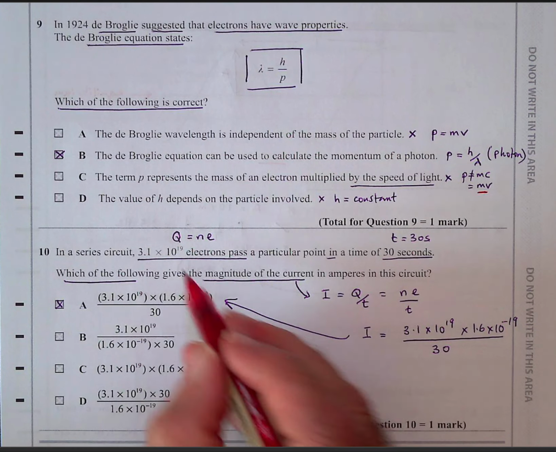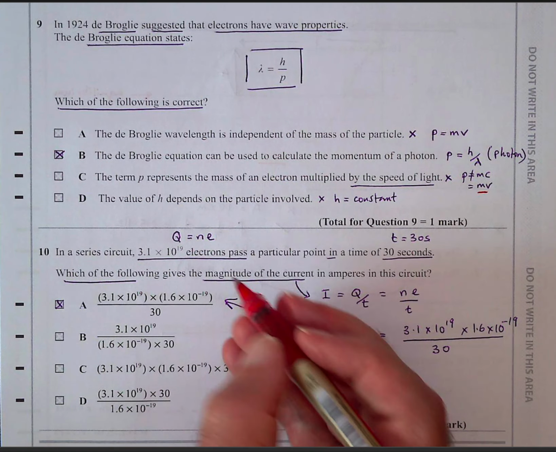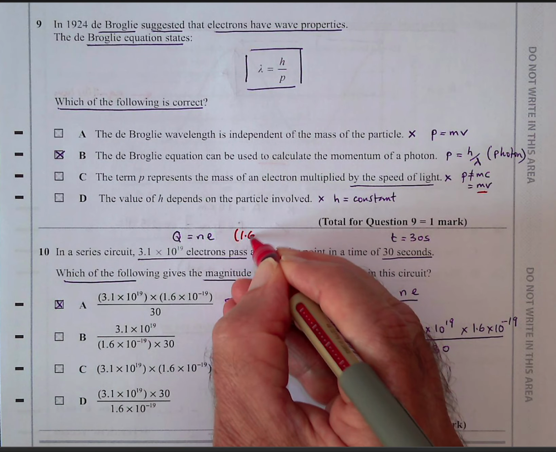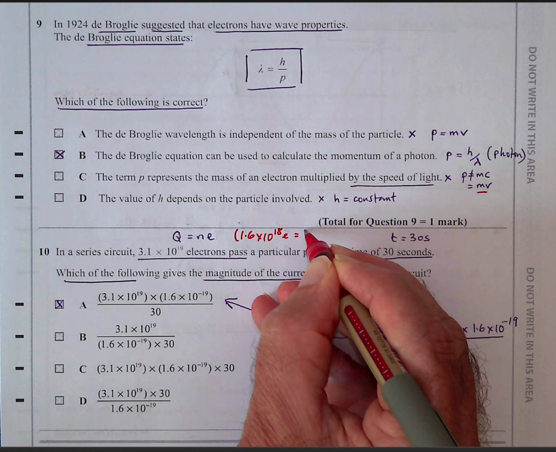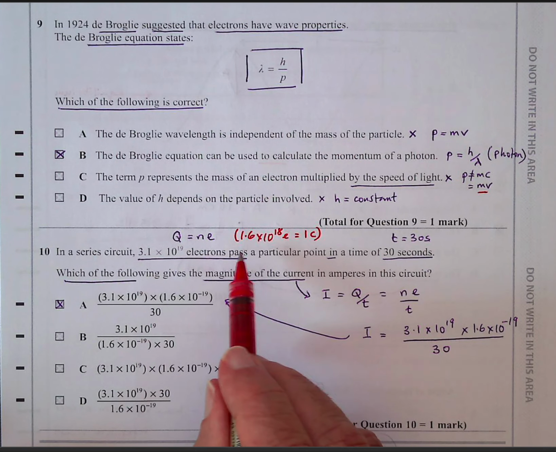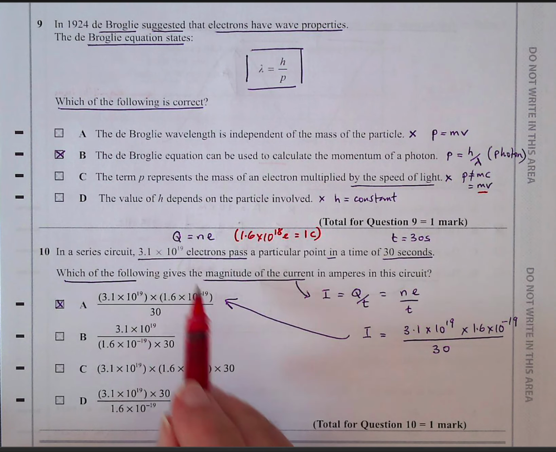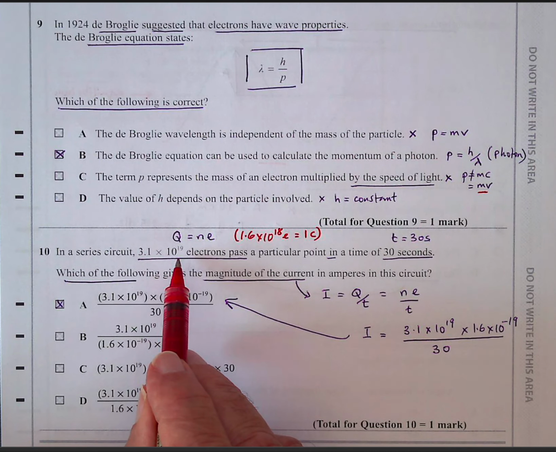Okay, I always teach my GCSE students that you need 1.6 times 10 to the 18 electrons to equal 1 coulomb. You can work it out based on the charge of an electron. So that's the number you require to get 1 coulomb. Well, you got more than that. Yeah, you got 3.1 times 10 to the 19.